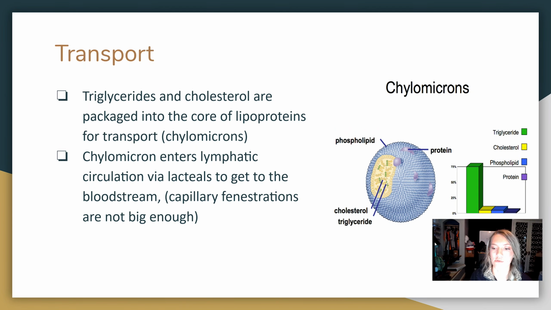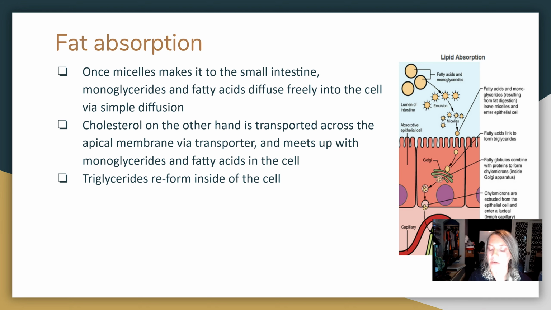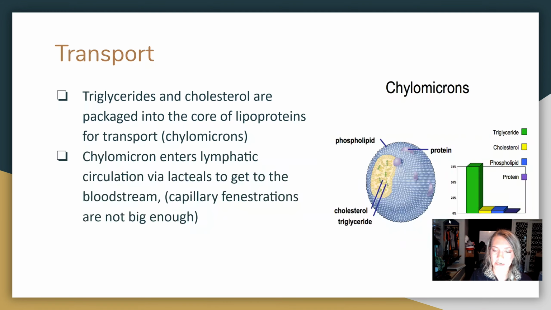Most foods are able to enter the capillary, but since these chylomicrons are so large, they actually pass through the capillary and go straight into the lacteal. Once the chylomicrons are inside of this lacteal, then they can be absorbed straight into the bloodstream. Obviously, this is a longer route than most foods, making fat absorption very interesting and kind of complicated.